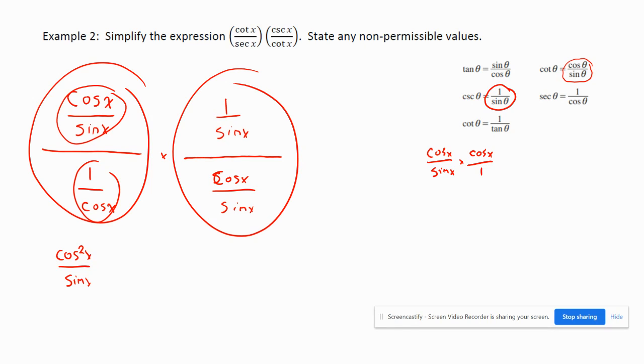Now, 1 over sine divided by cos over sine. I'm multiplying by the reciprocal here. So the reciprocal of cos over sine is sine over cos. Those guys cancel here.